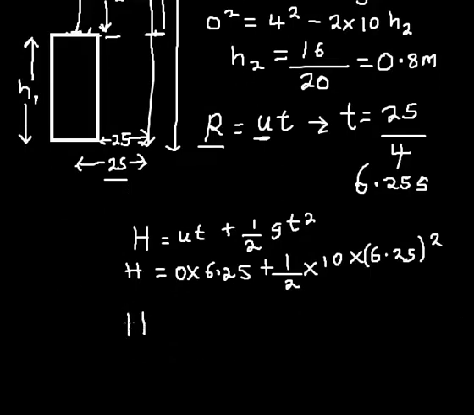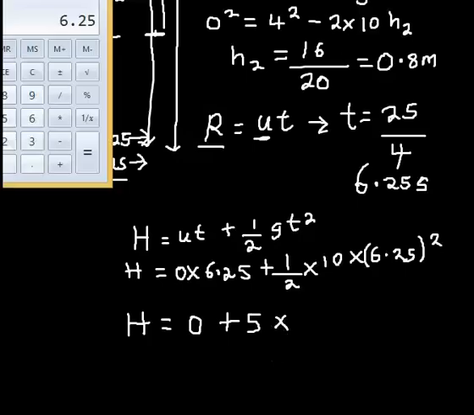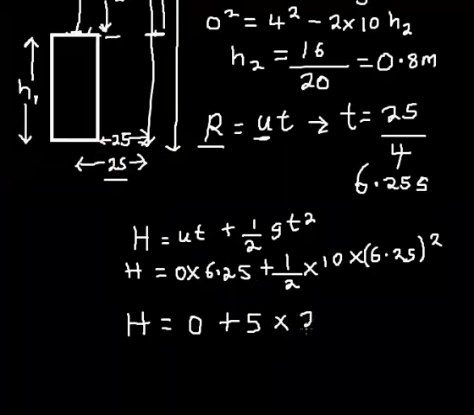So this is going to be equal to 0. Half of 10 is 5. So I'm having 5 multiplied by 6.25 squared. 6.25 squared is 39.0625.